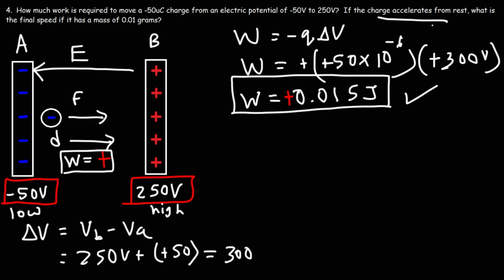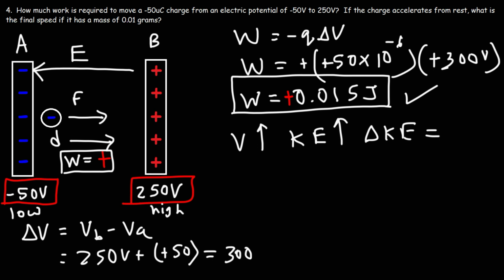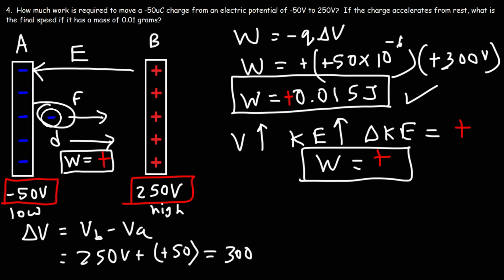We know that this charge is accelerating towards the right, therefore it's speeding up. If the speed is increasing, the kinetic energy is increasing, which means the change in kinetic energy is positive. Therefore, the work done on that charge is positive as well. We could say that the electric field does positive work on the negative charge because it's increasing its kinetic energy. It's making it move faster.